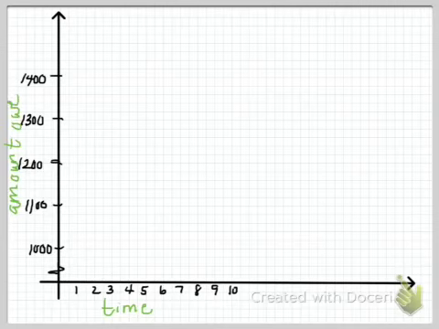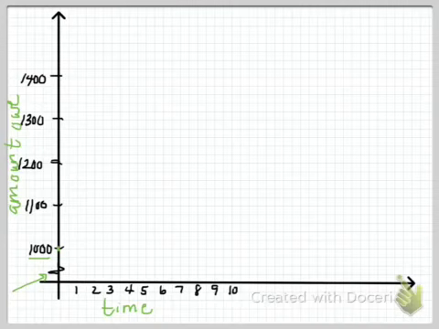And you can see here I have a break in the graph because I really don't have to start anything less than 1,000. And so we're starting here at 1,000 and then going by 20s up to 1,400. So what I borrow from her is the 1,000. That's right there.